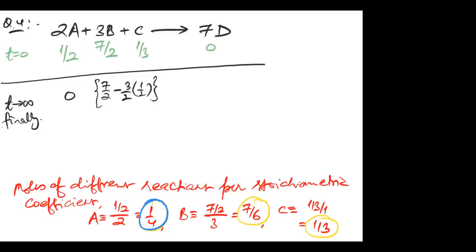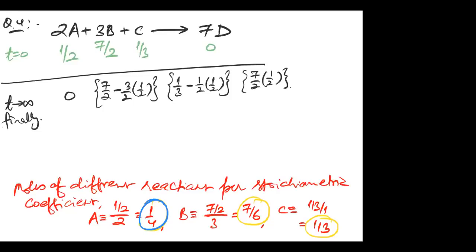Unitary method. Moles of C, initially it is 1 by 3, and half of half gets consumed with half mole of A. And the moles of D produced should be equal to 7 divided by 2 times half.